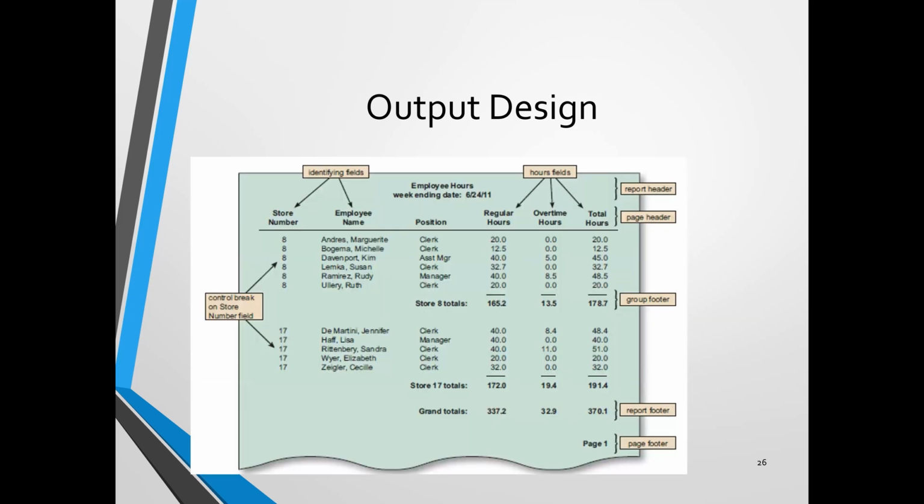Now, this is an example of a report that you may see. This is a detailed report, because you can see that there is information in detail about this company.